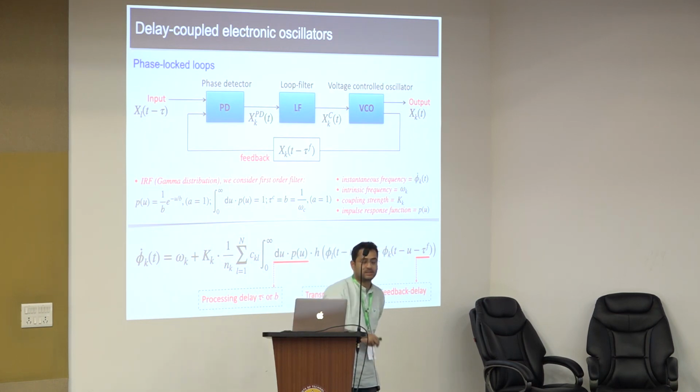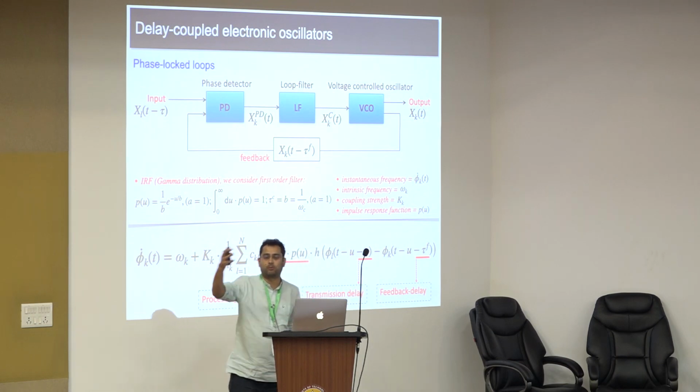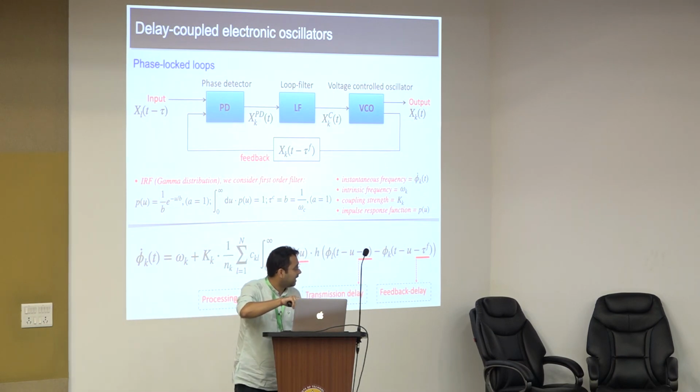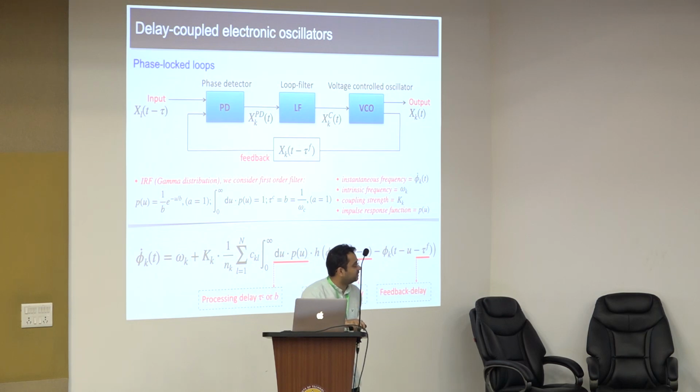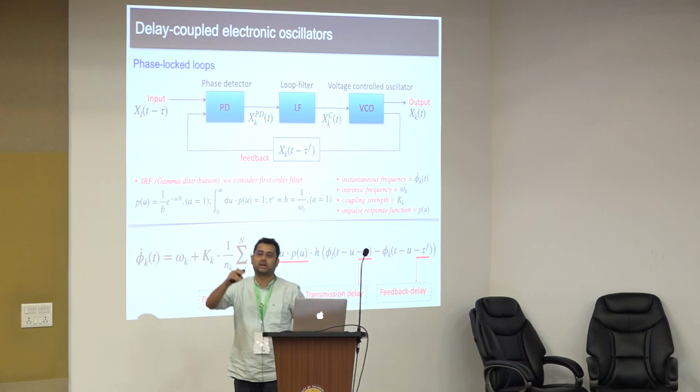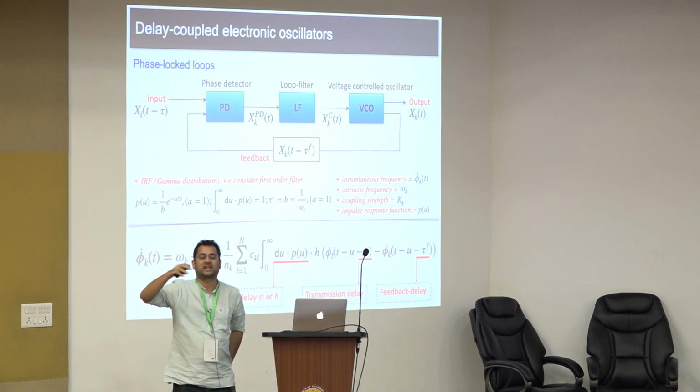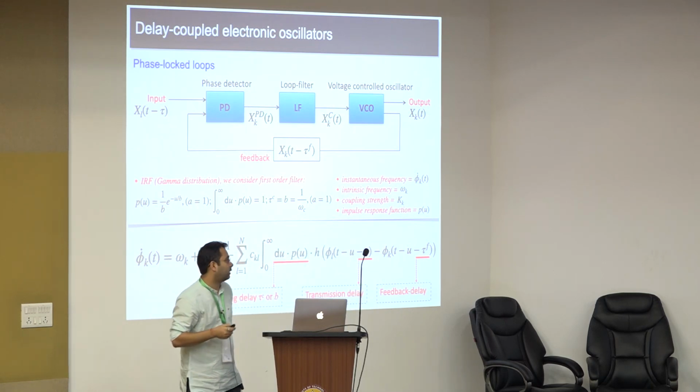The second is the transmission delay from one PLL to another PLL. The third is the processing delay because of the filtering process in this system. This PU is the impulse response function of this loop filter, given by this expression, and it is characterized by the cutoff frequency of the filter, or the characteristic time of that filter.